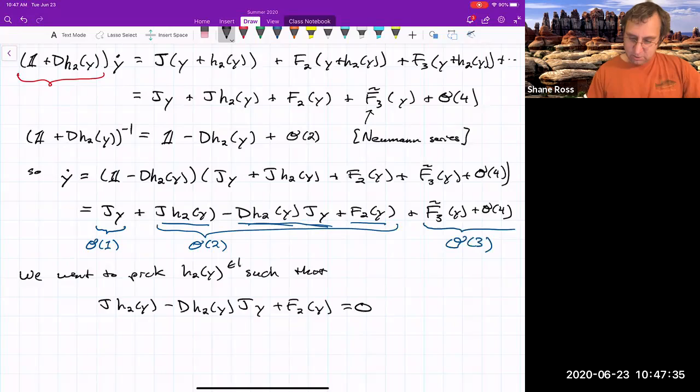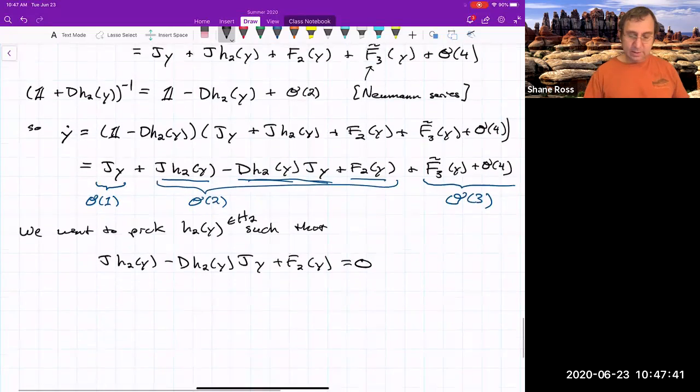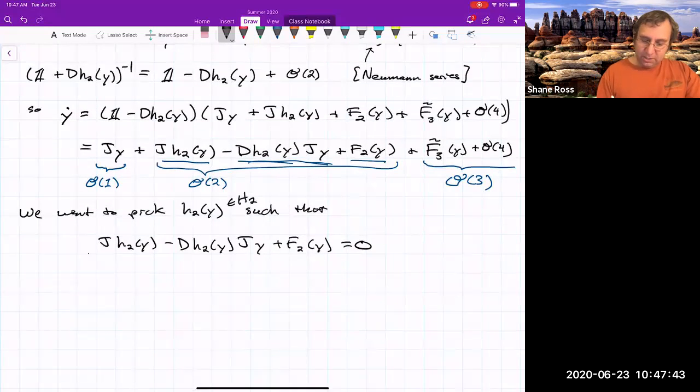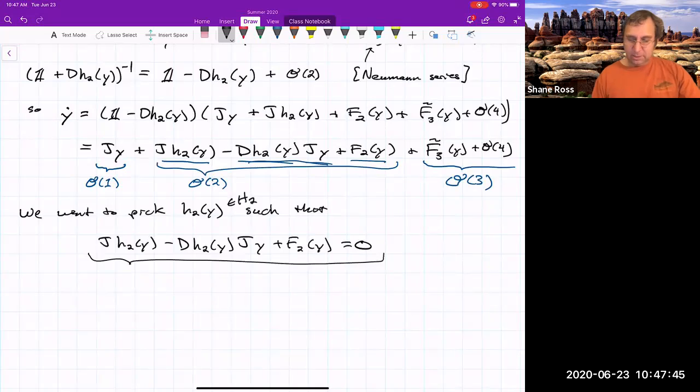And H2 is part of this vector space, capital H2.